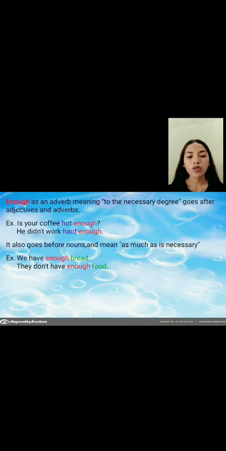So it also goes before nouns and means as much as necessary. So in this case, it is not an adverb, but it's a determiner. So example, we have enough bread. They don't have enough food. So enough there is the adverb of degree from the first and second sentence.